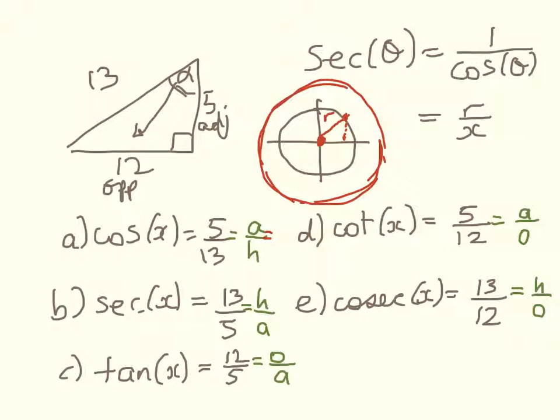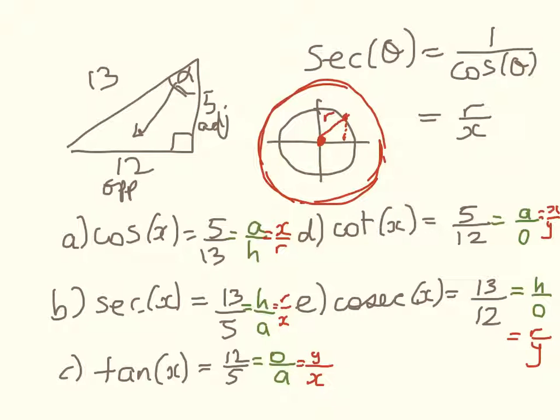So cosine is x over r, which means that sec is r over x. Tan is the opposite side over the adjacent side, which is y over x. So cotan is x over y. And cosec will be 1 over sine, so that's going to be r over y. Sometimes it can be really useful to use those circular measure definitions.